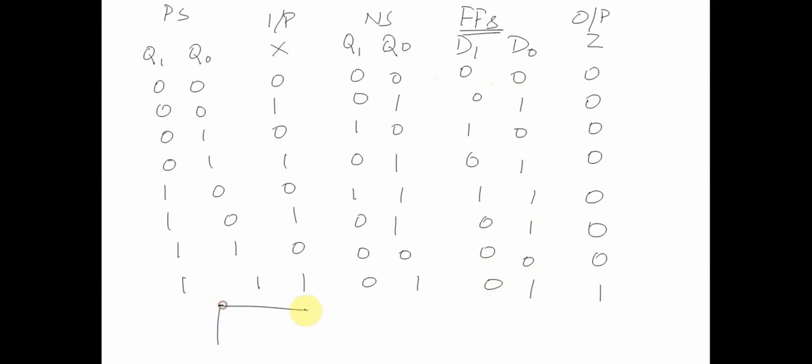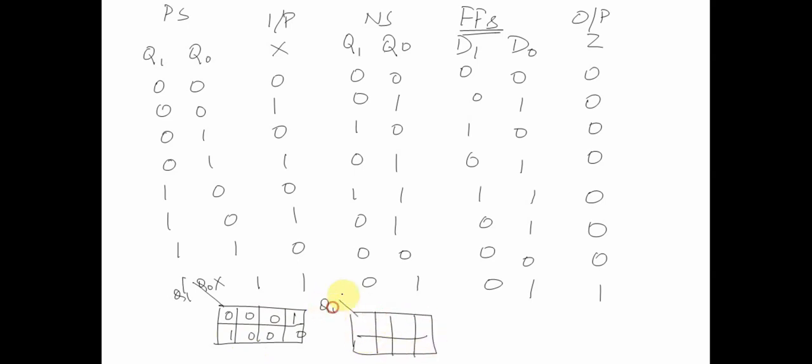And in this case my K map would be Q1 Q0 X, right? State it would be something like 0 0 1 0 1 0 0 0, right? And D0 would be equal to what? 0 1 0 1 1 1 0 1, right? So D1 would be equal to this and this, right?